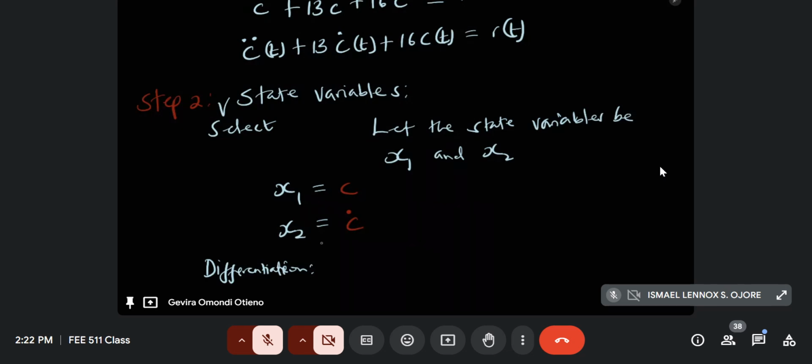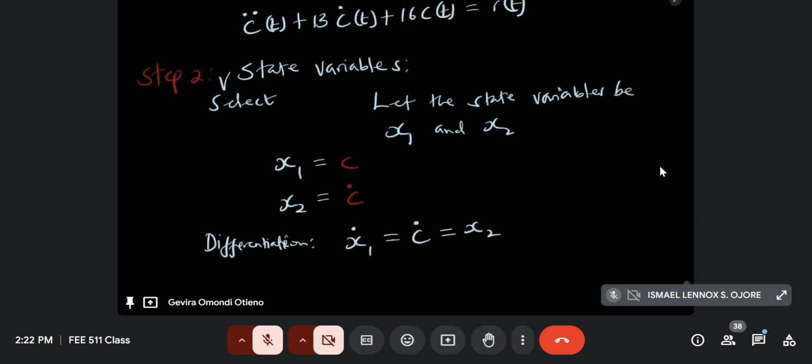If I differentiate the first state variable, meaning if I get the derivative of x1, it is the same as getting the derivative of C. But the derivative of C from the second state variable is the same as x2. And if I get the derivative of x2, the second state variable, it's the same as getting the double derivative of C, meaning I get the derivative on the left-hand side, get the derivative on the right-hand side.